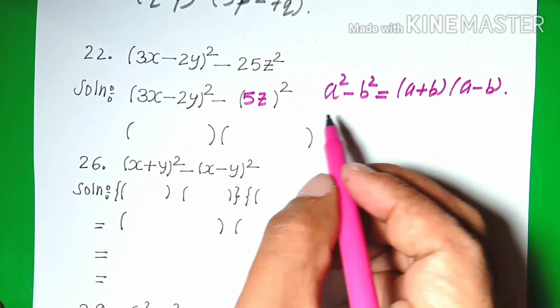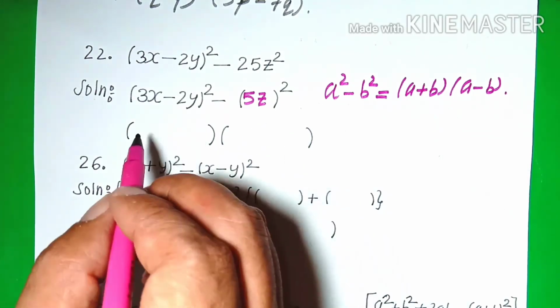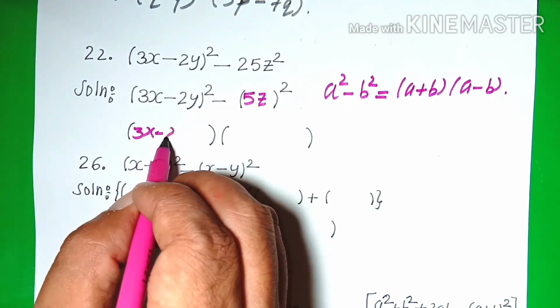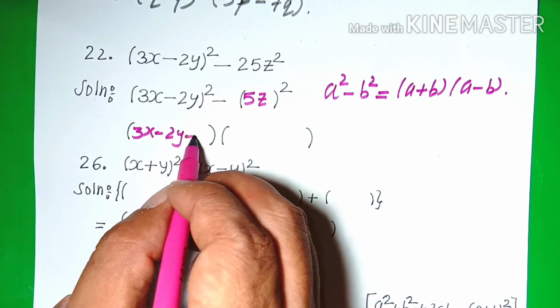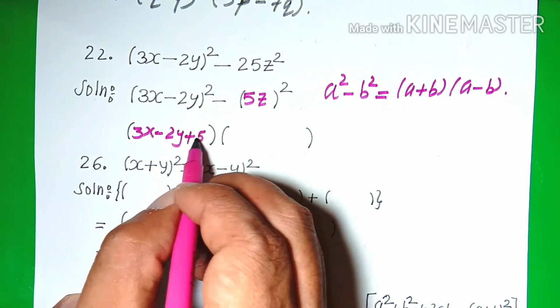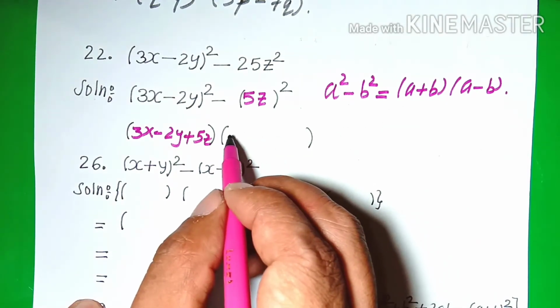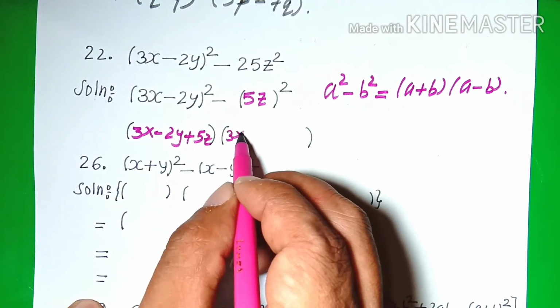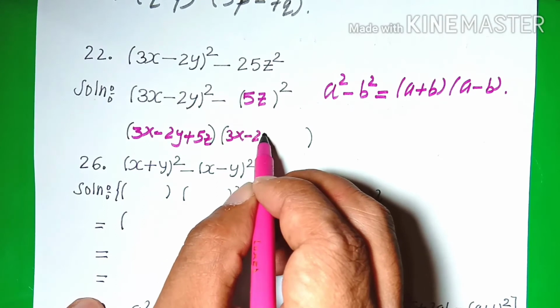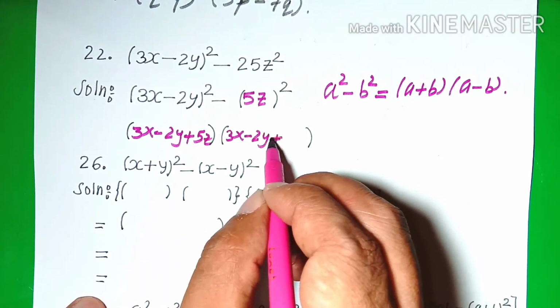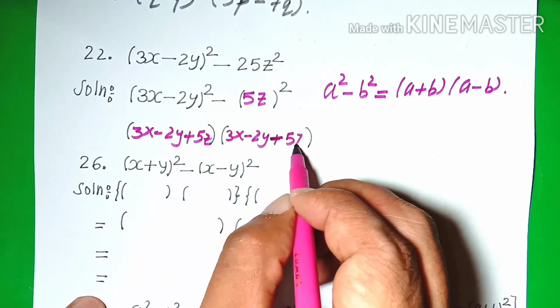Now first we take a plus b, that implies 3x minus 2y plus b means 5z, into a minus b, that is again 3x minus 2y plus, that is here minus, 5z.